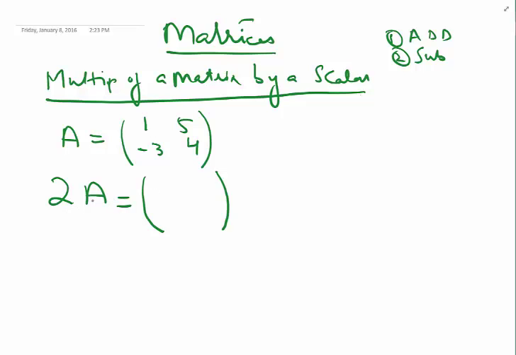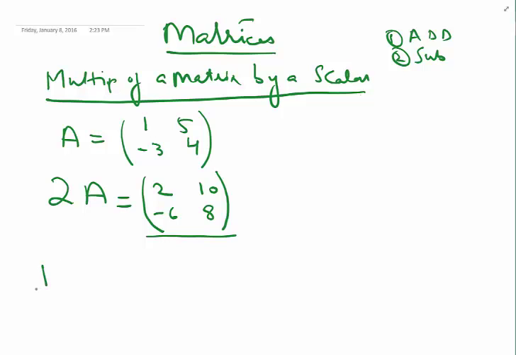So in this scenario, if we are required to find 2 times A, we need to multiply 1 with 2, 5 with 2, minus 3 with 2, and 4 with 2. So this particular matrix shows 2 times A.